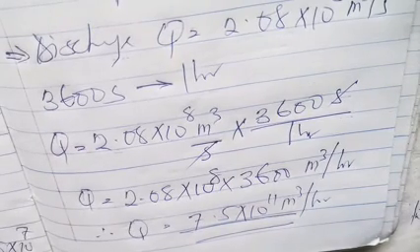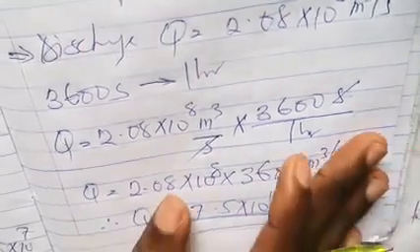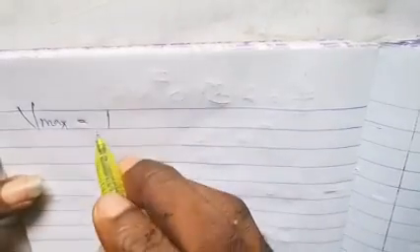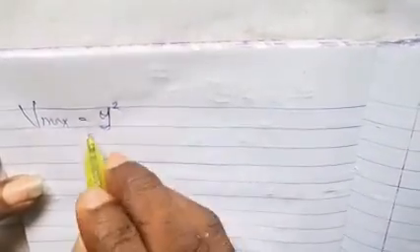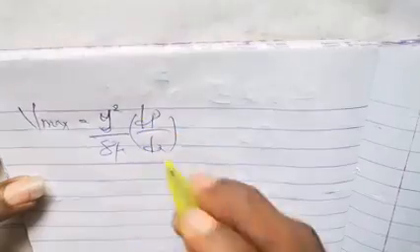The second question says calculate the maximum leakage velocity. Okay, we are to find the maximum leakage velocity. So to find it, we also employ the Hagen-Poiseuille equation for a viscous flow through a cracked wall. All right, so Vmax is given simply as y squared over 8 mu times dP over dx.